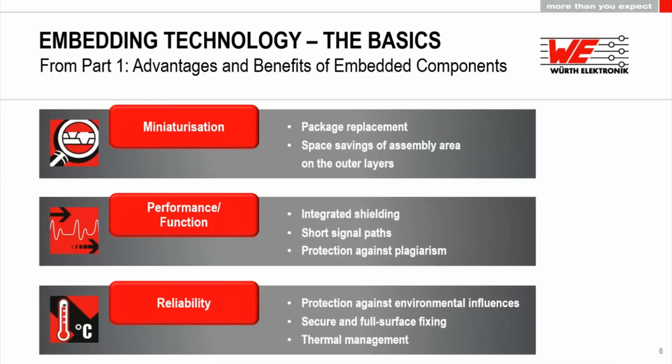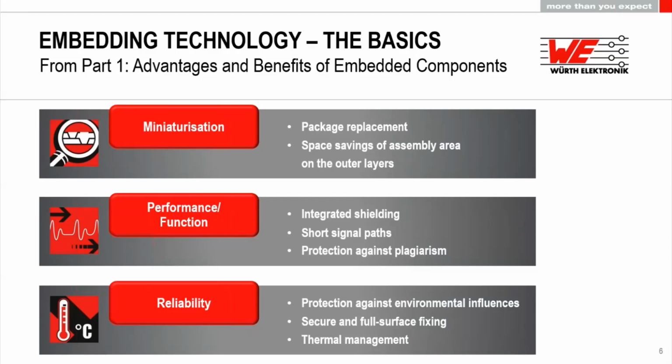As a second reminder, we were talking about the advantages and benefits of embedded components, that you can have miniaturization by either space savings of assembly area on the outer layers by moving components to the inner layers, or that you could create your own system in packages, your own modules on the base of embedding. Then we were talking about performance and functions, short signal paths, protection against plagiarism, and the reliability of these build-ups.